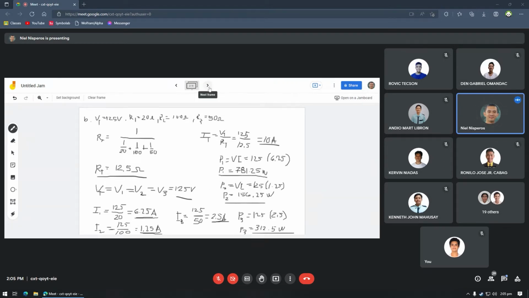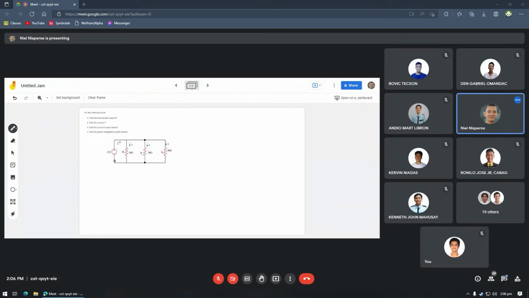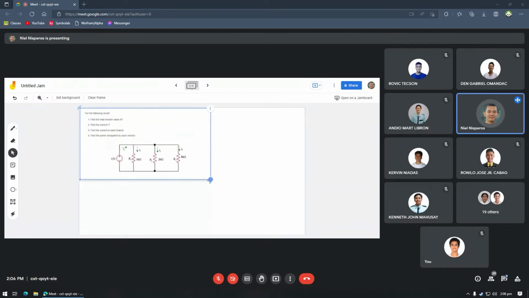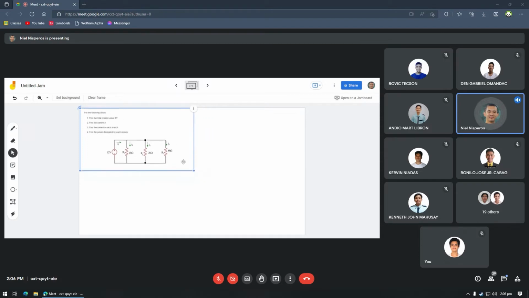Okay. So next, we have here a circuit wherein resistors are connected in parallel, but what is given is the current, not the voltage. More or less this is the same as circuit B. So I'll leave it to you.